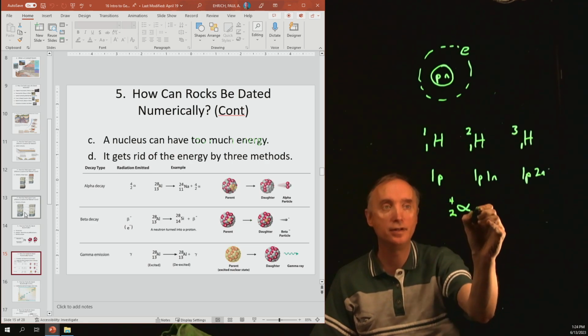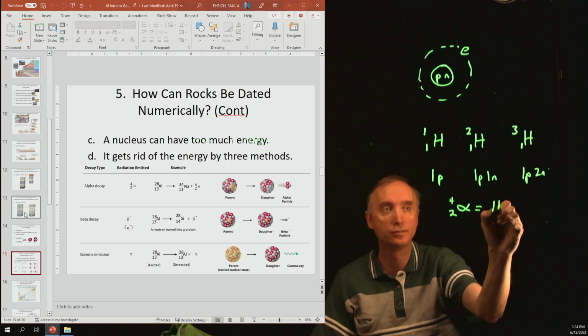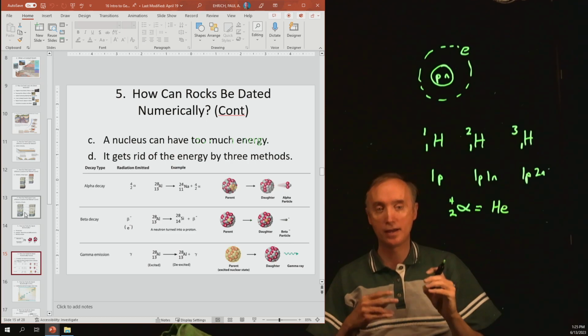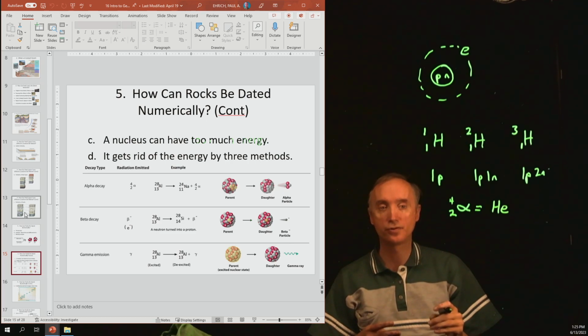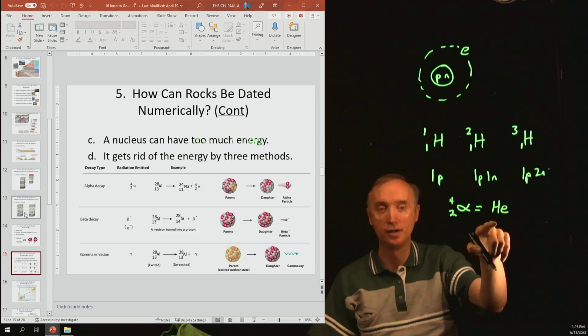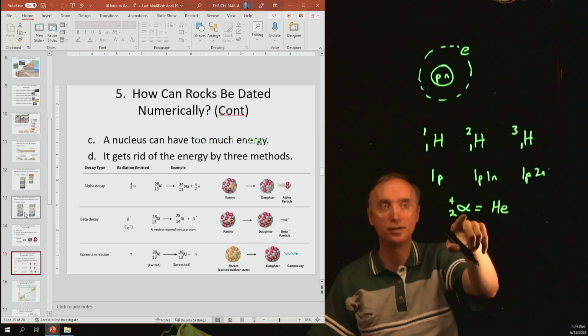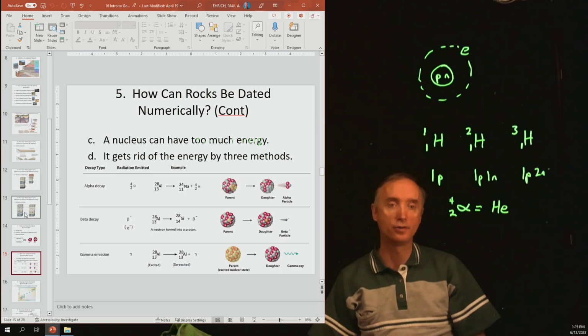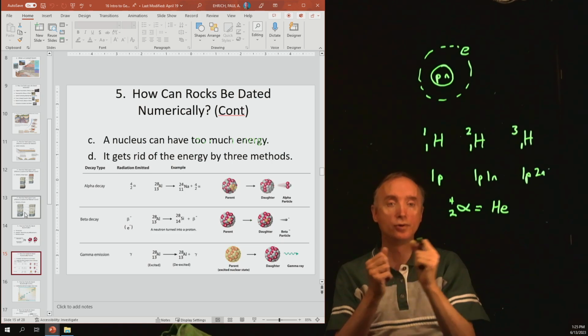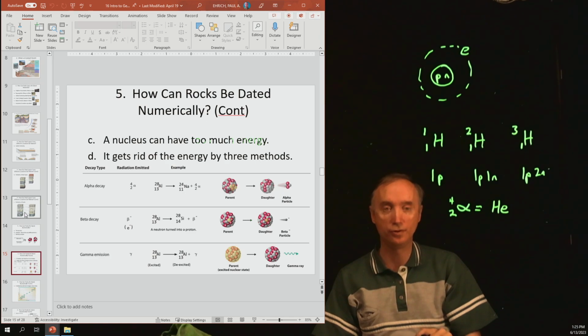Now that is helium. Ordinary helium in its nucleus has 2 protons and 2 neutrons, so 2 plus 2 is 4. So a helium nucleus is an alpha particle. In some radioactive decays, it will give off a helium nucleus.